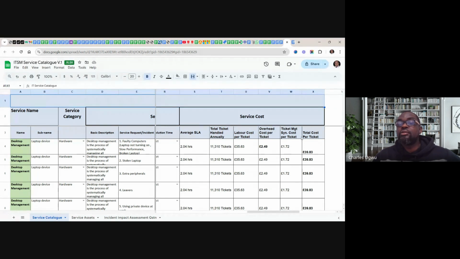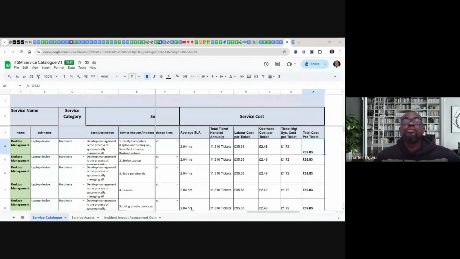So many companies don't capture this. Like I said, I captured this because I tried to get this for the IT director. He specifically wanted this to help him during budgeting.